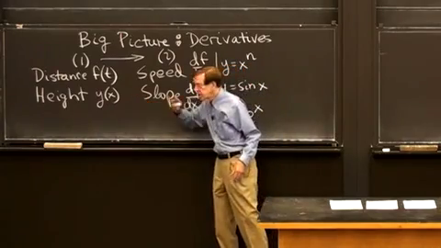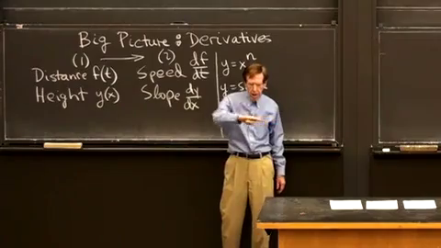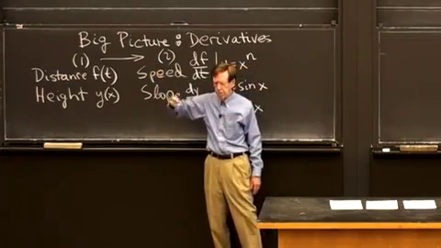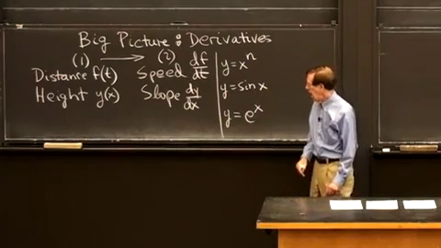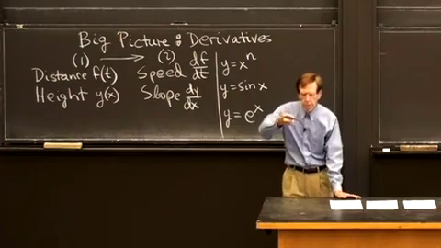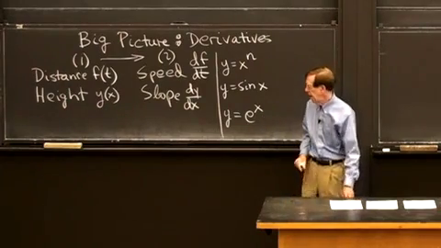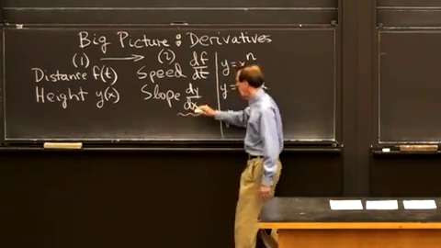And here's the central idea. If I know the height, as I go along, I know the height. It could go down. How can I recover from that height what the slope is at each point? So here's something rather important.